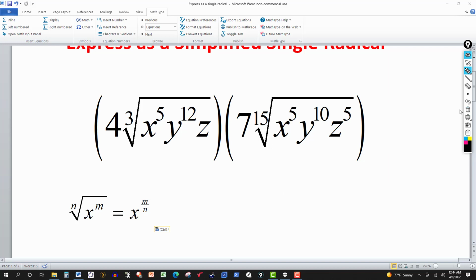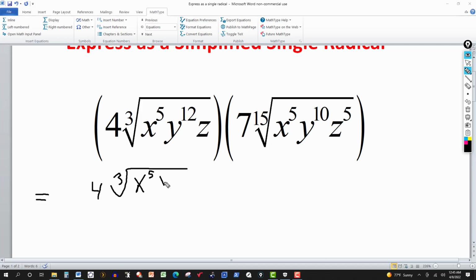So let's clear this and go ahead and do this then. Let's start over here and say this is going to be equal to, I'm going to leave this the way it is for right now, and then just right here 4 times the cube root of x to the 5th y squared z.